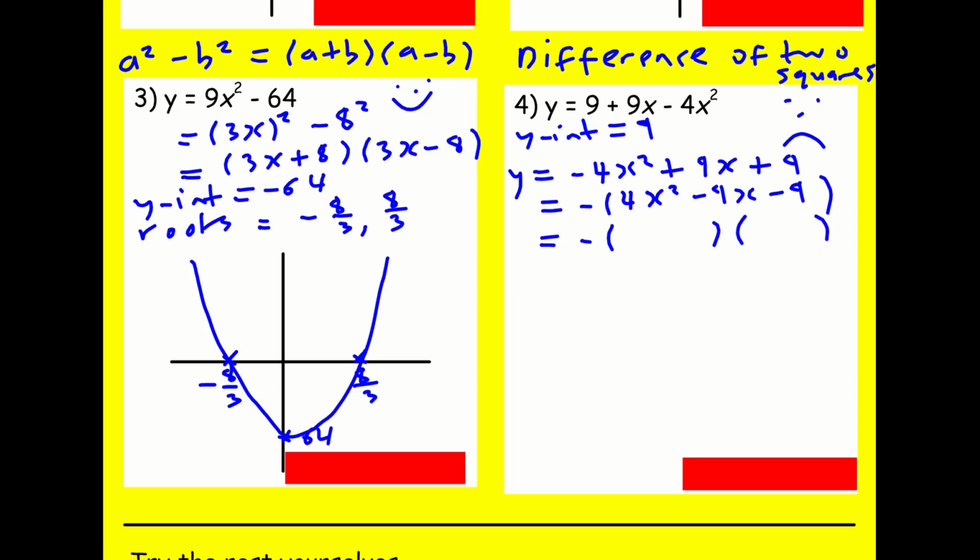Right, two numbers that multiply to give 4. This is why this one's a bit trickier again. It's either going to be 4x and x, or it's going to be 2x and 2x. Now, you have to go through these and eliminate them. But sometimes you can think about it carefully.